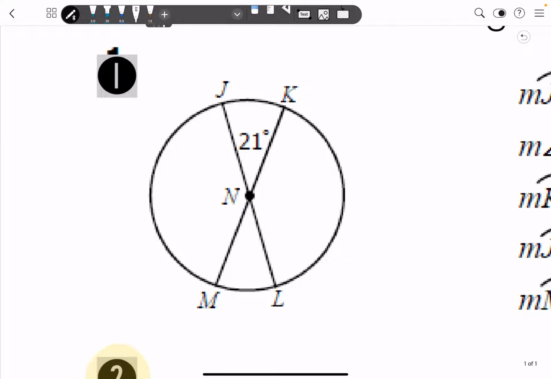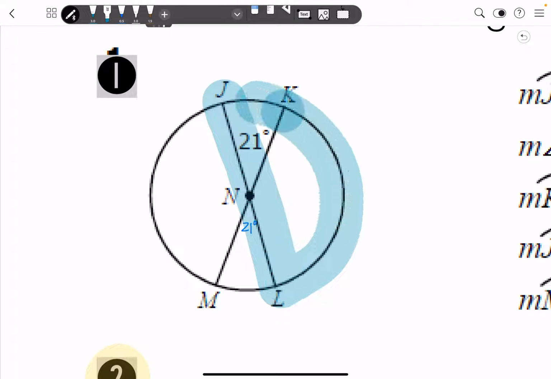So I only want to know what I have been given. I know that angle JNK, the central angle here, is 21. And because it's vertical to here, this is also going to be 21 degrees. So yes, we're going back to all of those angles that you guys love so much. I want you to notice right here that this is 180 degrees because it's a semicircle.